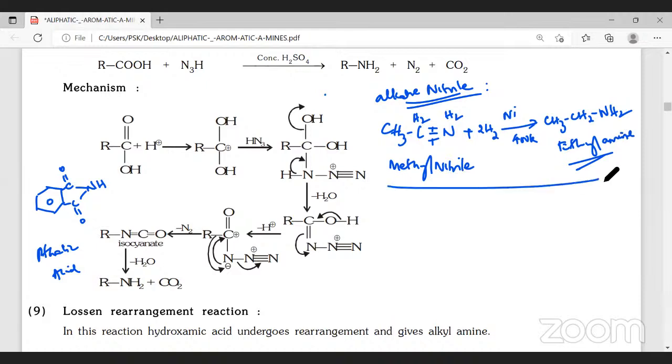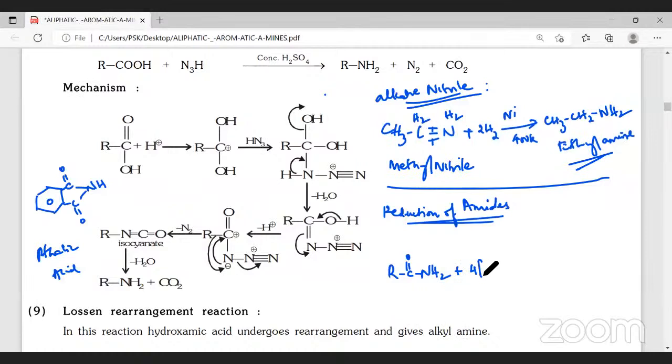The fifth method is reduction of amides. Amides are represented as R C double bond O NH2. These amides on reduction with lithium aluminum hydride, a strong reducing agent, we can write it as 2H and 2H.